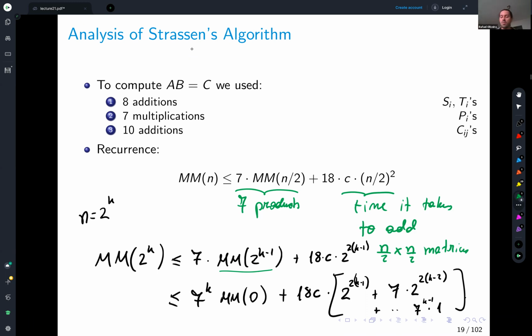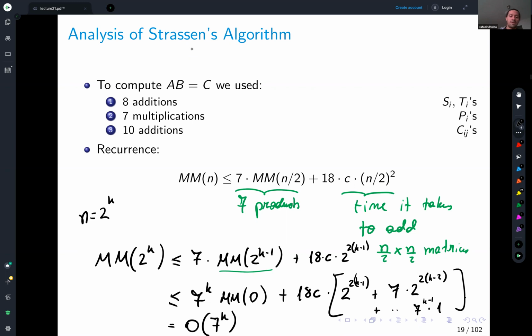Okay, and then once you do this, what do we have? This is essentially big O of 7 to the k.